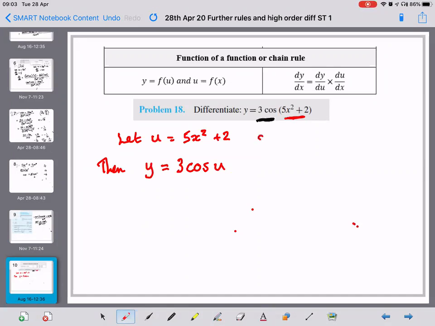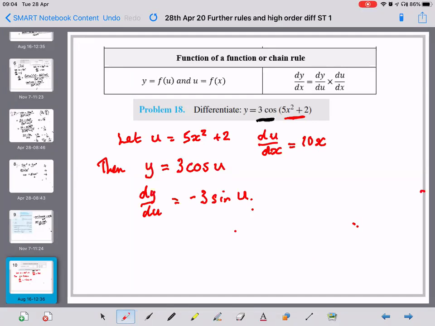So du by dx is equal to 2 comes down and multiplies, makes 10, 1 off the index, so that's 10x. All happy? And dy by du is equal to, there's no constant in front of the u, so it must be minus 3 sine u.